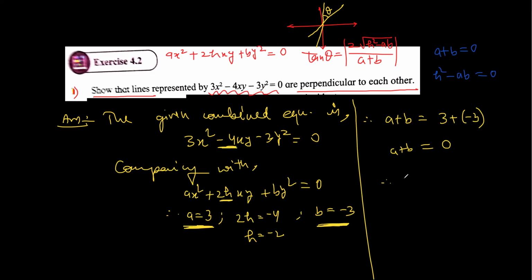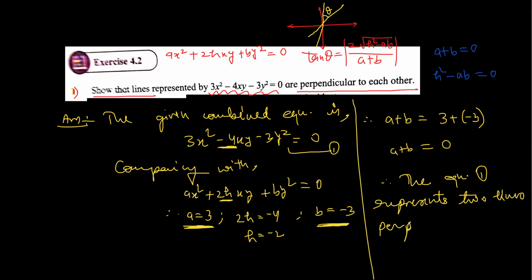Therefore, the equation 1 represents two lines perpendicular to each other. Why? Because a plus b is 0.